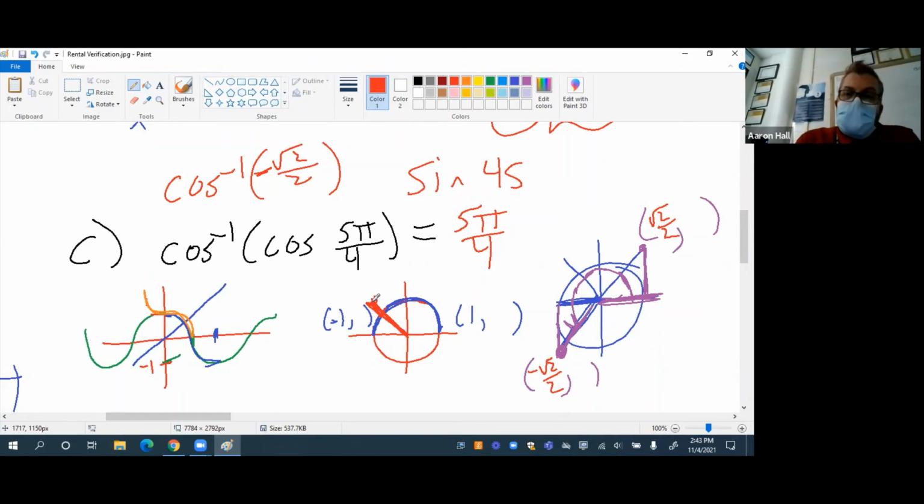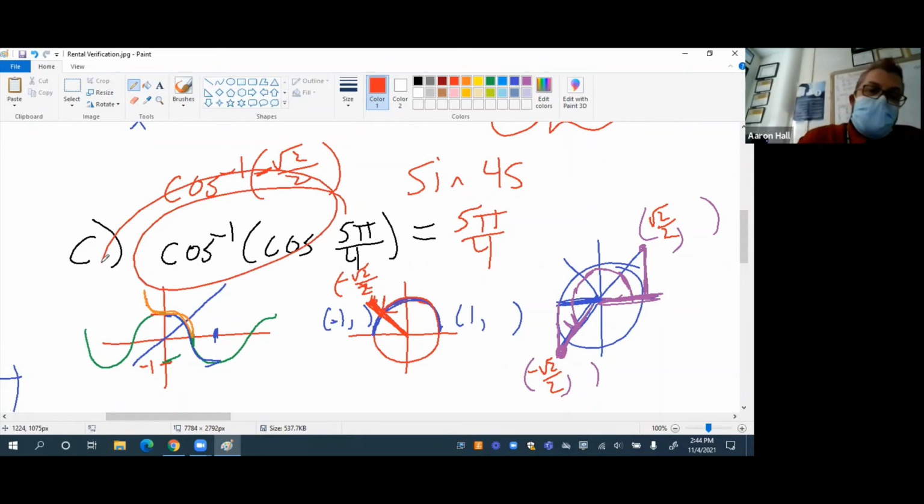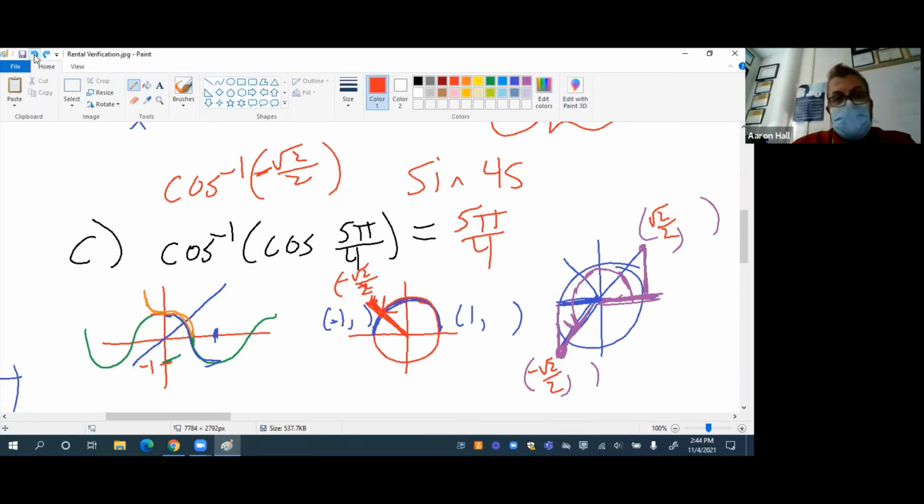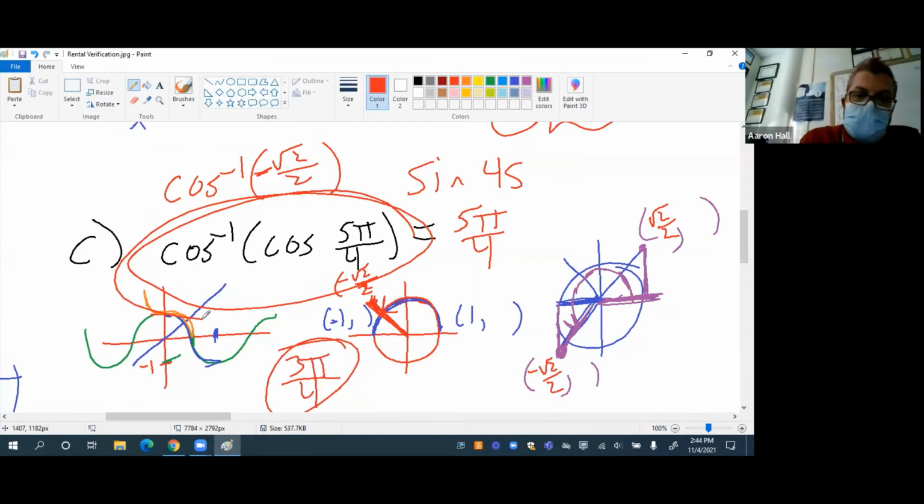So this is also going to give me negative the square root of 2 over 2, correct? So what is this rotation here within our domain, the domain of the inverse? Yeah, that's going to give us 3 pi fourths. The answer to all this is 3 pi fourths.